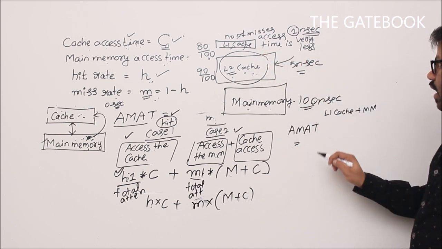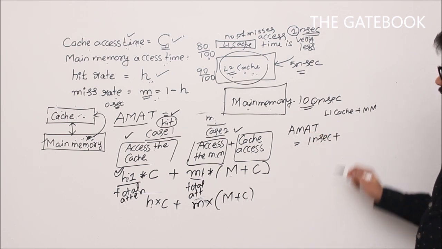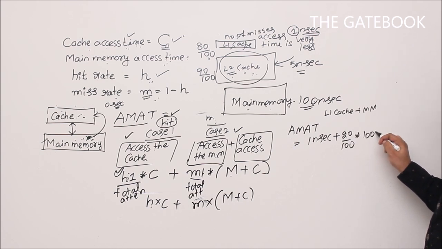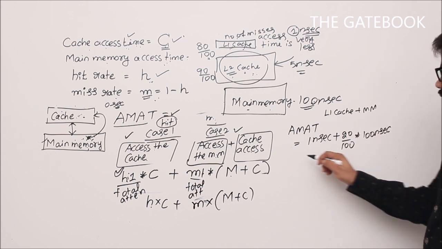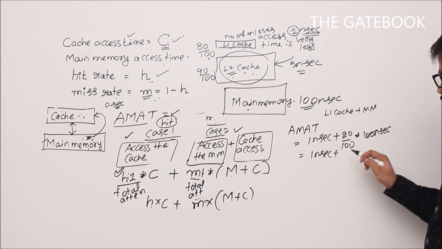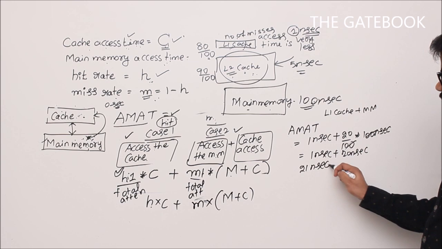We always access the L1 cache, which takes 1 nanosecond, plus the remaining percentage, 20% of the time, we come to main memory and the penalty is huge, 100 nanoseconds. So it becomes 1 nanosecond plus 20% of 100, which is 20 nanoseconds. So here it becomes 21 nanoseconds.